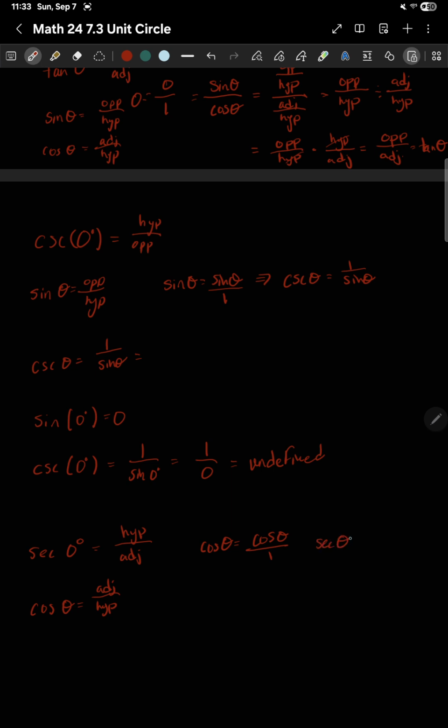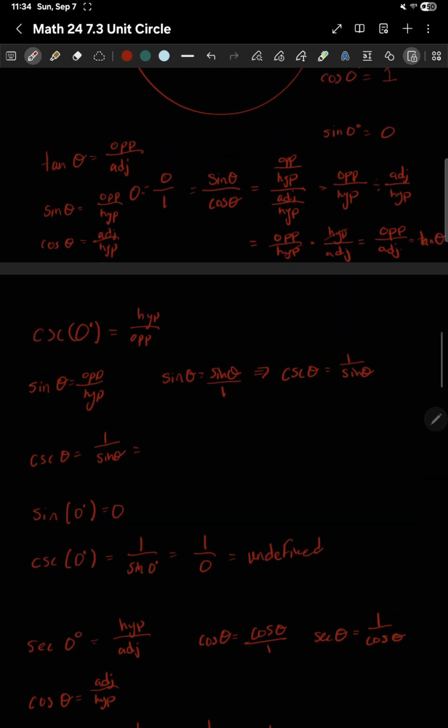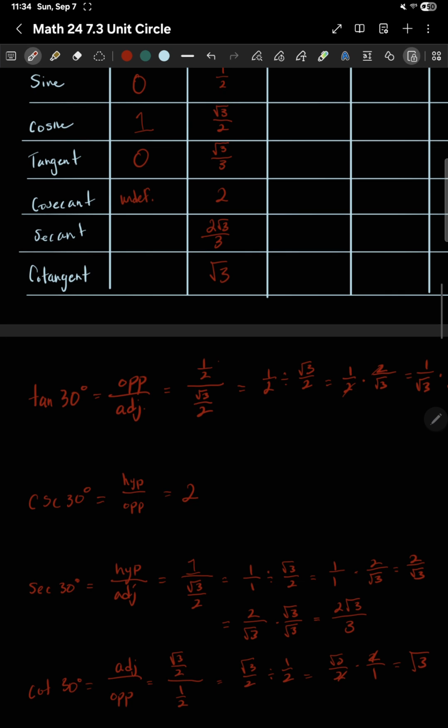That means secant of theta is equal to 1 over cosine, just flipping the fraction. So secant of 0 degrees, not theta, is equal to 1 over cosine of 0 degrees. And we know cosine of 0 degrees from the work we just did is equal to 1, and so 1 over 1 is equal to 1. So we have secant of 0 degrees is equal to 1 as well.